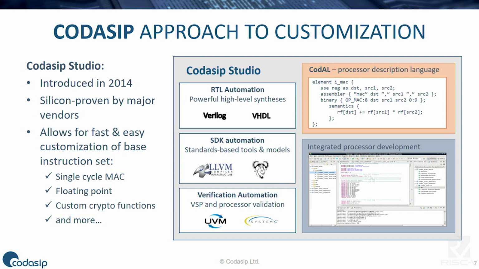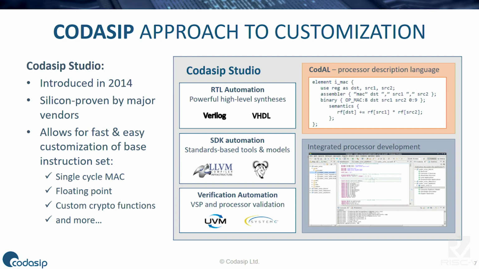And the main thing is that we try to target the automation process and make it as easy as possible. So we have created an architecture description language that's tuned for processor design. And this is the input to other tools, to generators, such as the RTL generator. So from this description, you can get the RTL in Verilog, SystemVerilog, or VHDL.